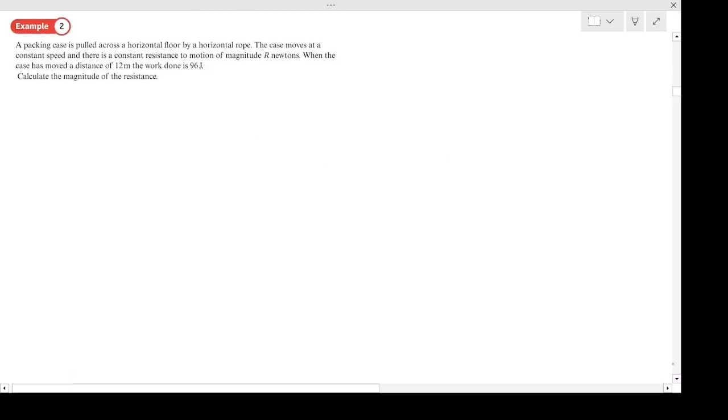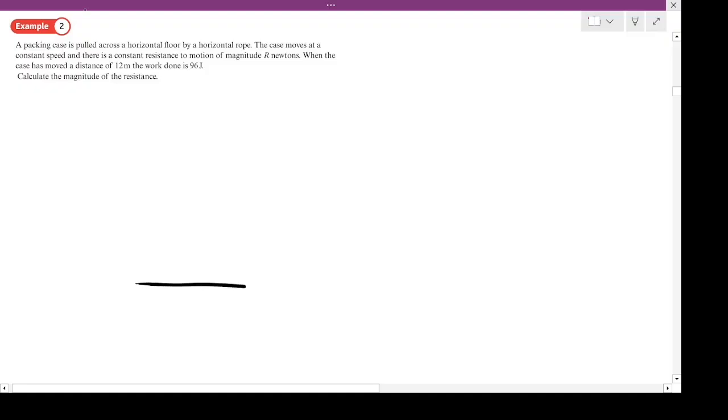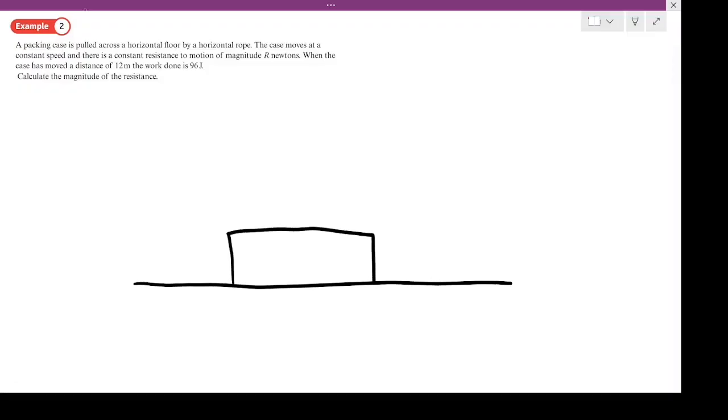Now, if we were to draw the diagram here, again I've got this packing case being pulled on the floor. So again, we have our floor. This is my packing case. I'm just going to draw a simple rectangle, a little box, no need to overcomplicate it. It's being pulled by a rope, so it's going to be pulled forward again.